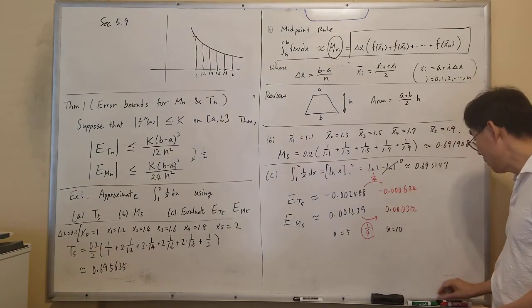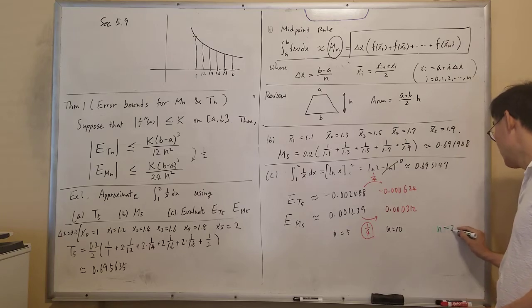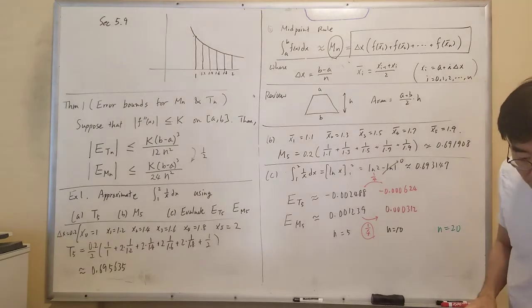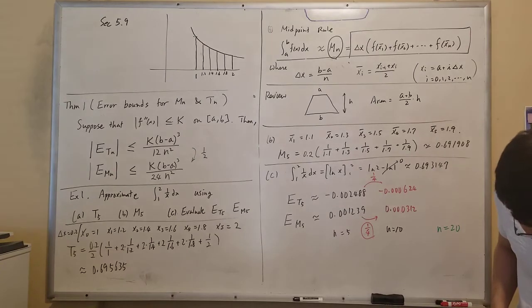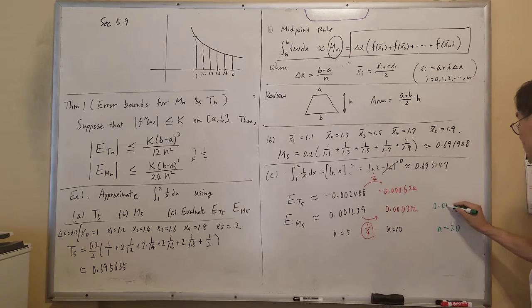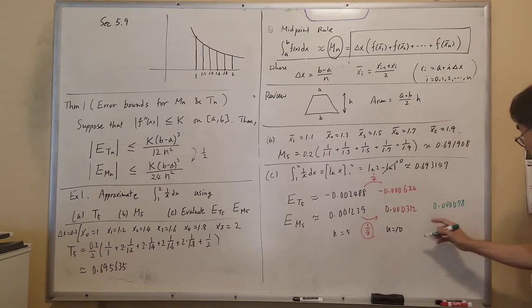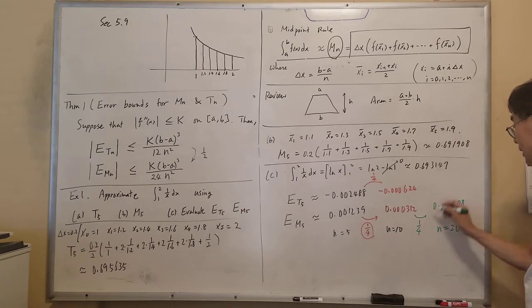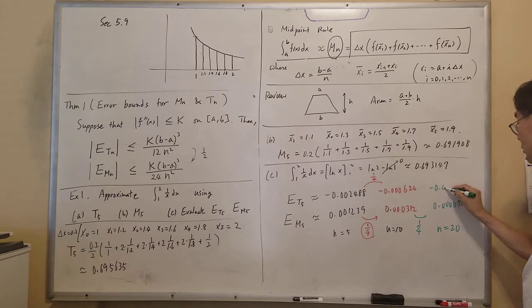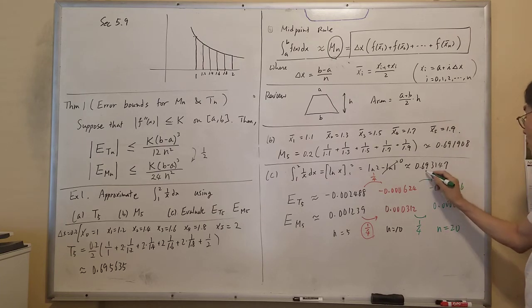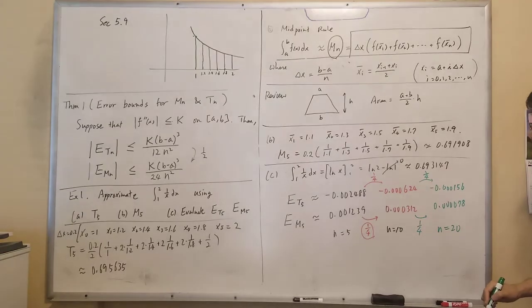Actually, if you look at the table, when n equals 20, another twice more calculation, you get from 0.000312 to 0.0000780. Right? So it's another 1/4, isn't it? Also minus 0.000156. It's almost 1/4, right?